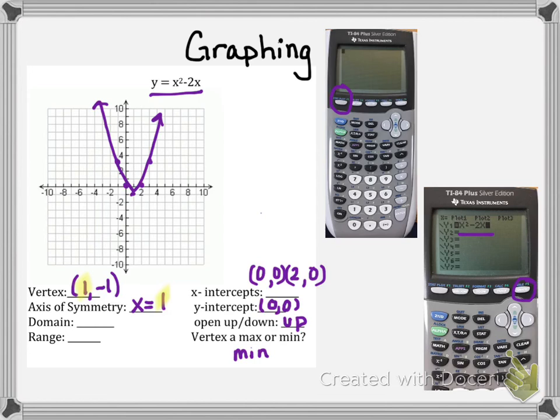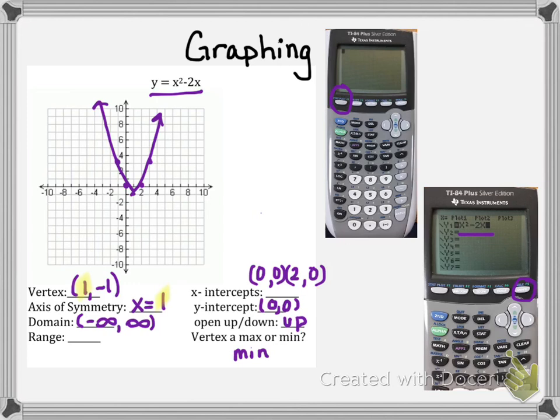Domain is your x's. Anytime you're looking at a parabola that opens up or a parabola that opens down, because it will continue to get wider forever, your domain will always be negative infinity to positive infinity. Range is your y values. What y values are you using? We describe both domain and range going from a negative to a positive number.